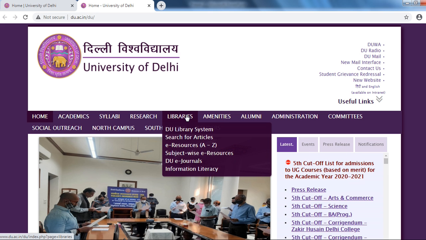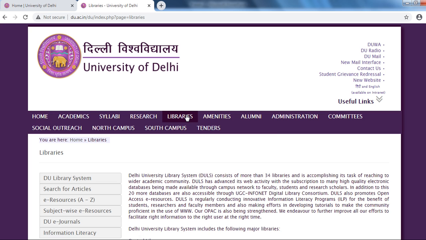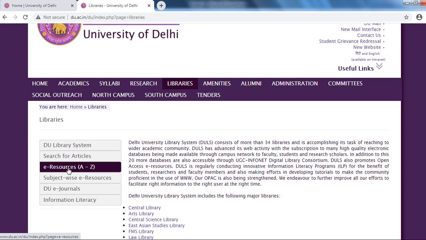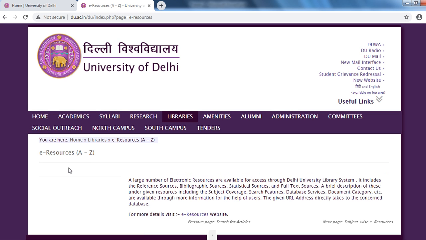Then go to the page of libraries. Then you can see the related links, select e-resources and then go to the e-resources website.